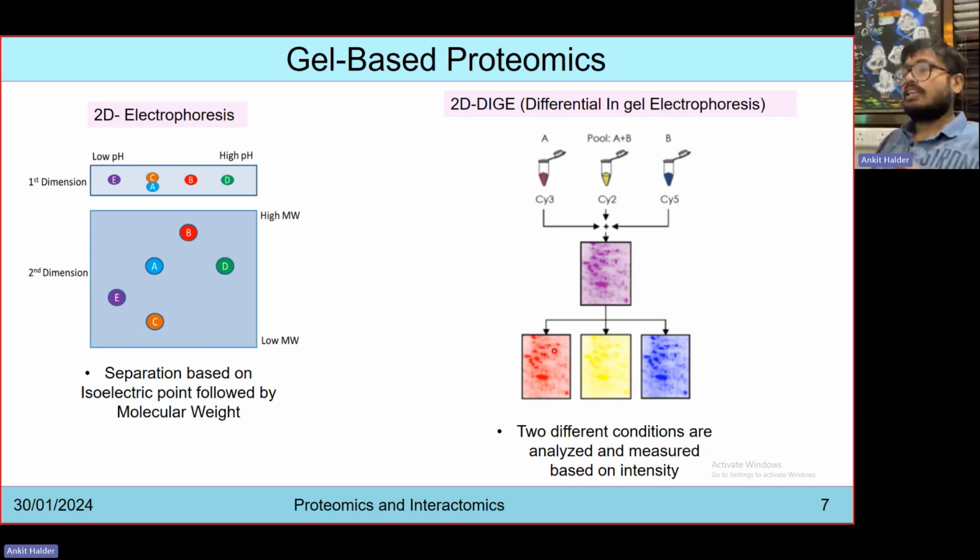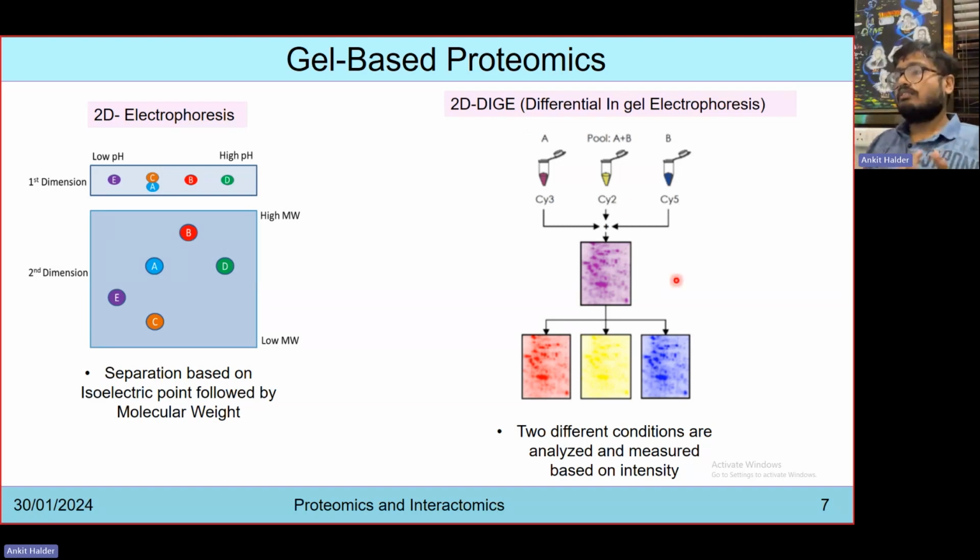So this gives us an image of three different gels at different excitation wavelengths. We can get the image of the three samples: sample condition A, sample condition B, and the pool of A and B.